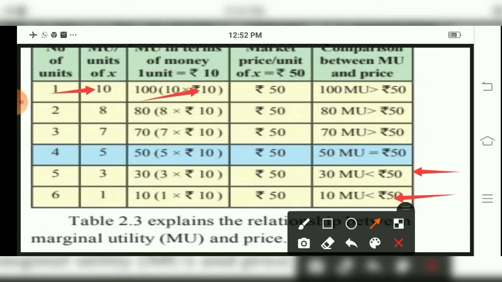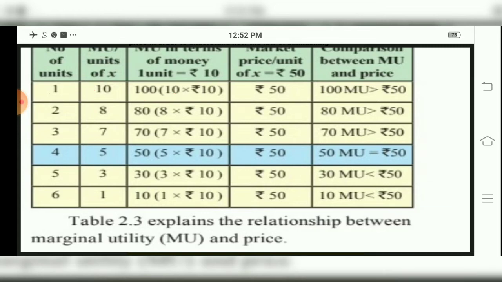Then we got 100, and that was greater than the price, that is rupees 50. So that is called as intra-marginal utility. Then at the fourth unit of commodity, equal sign came, that means marginal utility was equal to price, so consumer's equilibrium. And for fifth and sixth unit, marginal utility was less than price, that is called as extra marginal utility, children.